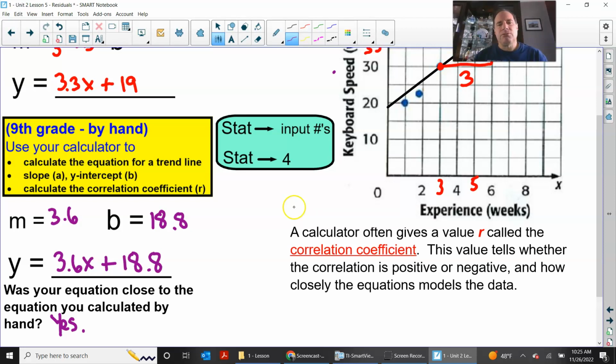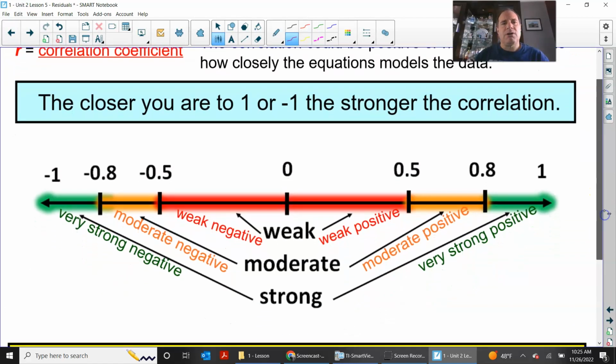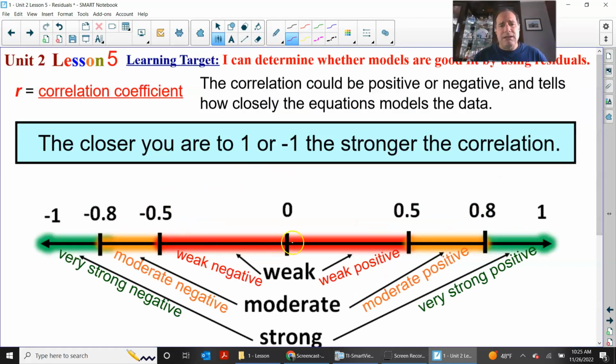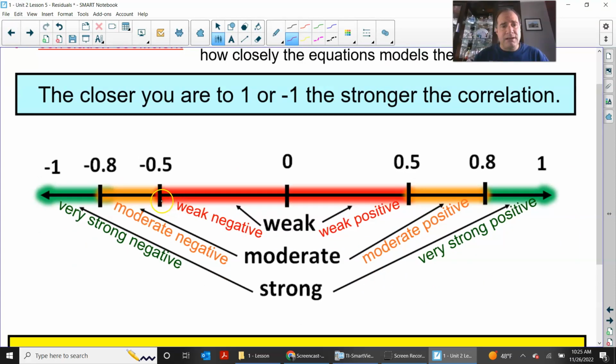All right. So the correlation coefficient, let me just go to the next page here. The way this works is that the closer you are to 1 or -1, the stronger the correlation. The closer you are to 0, the weaker the correlation. So I made this chart, and it's really just saying that from -0.5 to 0 is a weak negative.